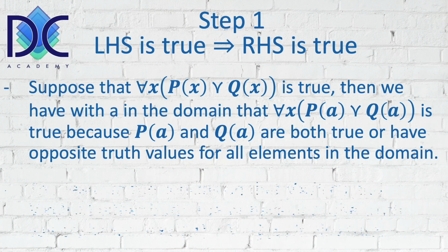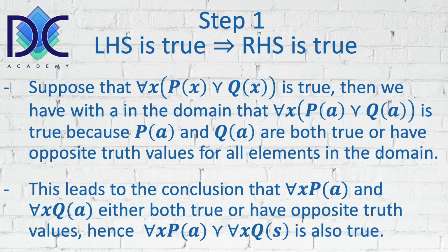So now we can say that for all x, p(a), and for all x, q(a), they are either both true or they have opposite truth values. And also we have the disjunction here. So when for all x, p(a) and for all x, q(a) are true or have opposite truth values, the disjunction of those two, of course, will always be true.